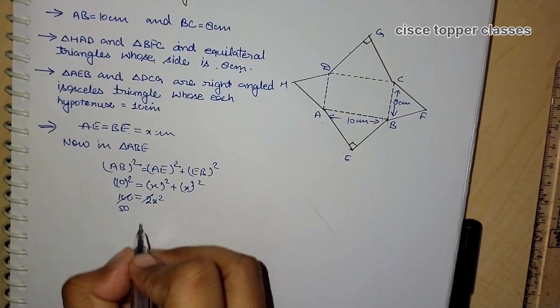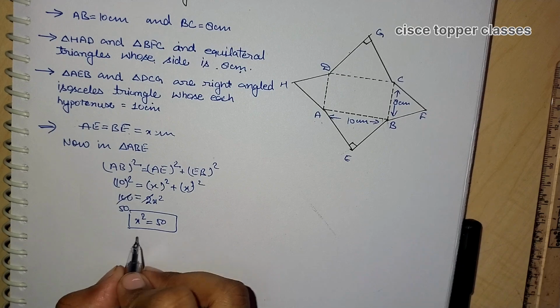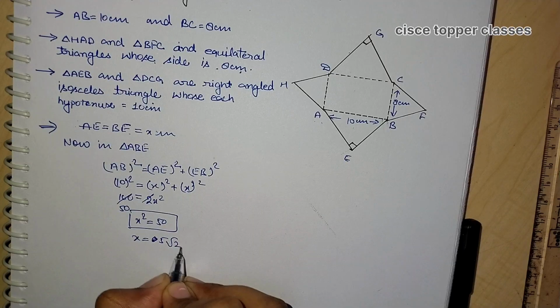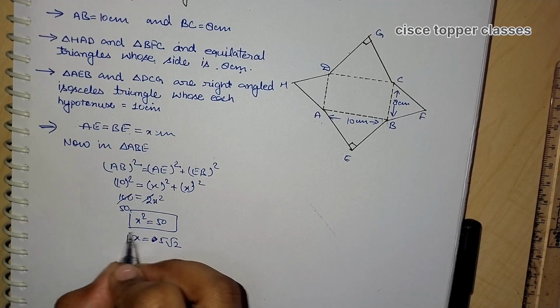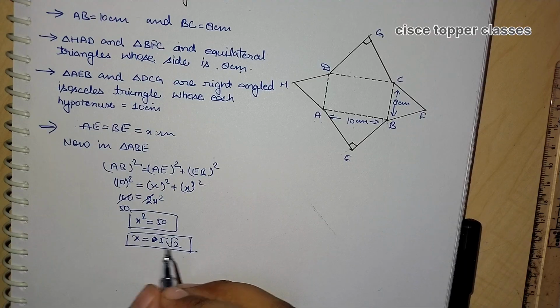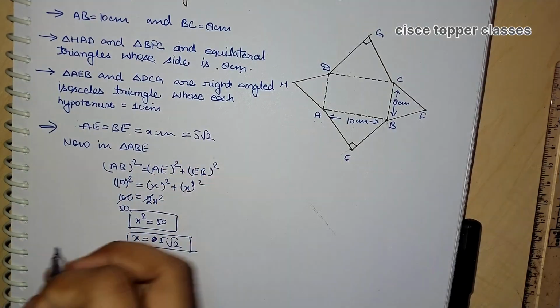This will cancel out and x square will be 50. If we take the square root, we can write x as 5 under root 2. So this is the value of x, the side of the isosceles triangle. So AE is equal to BE, which will be 5 under root 2.